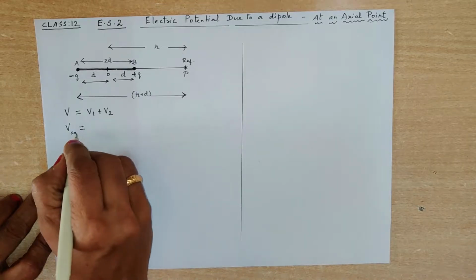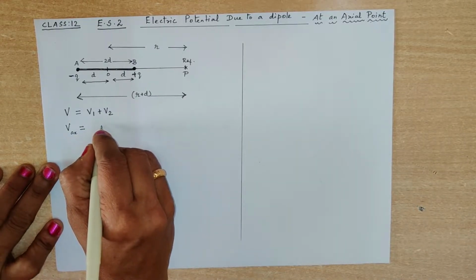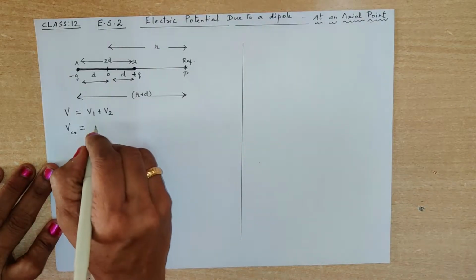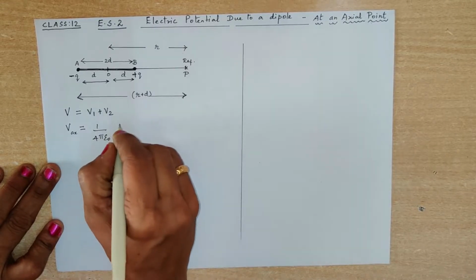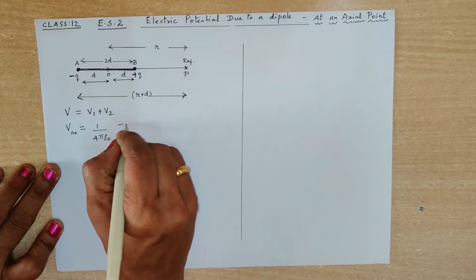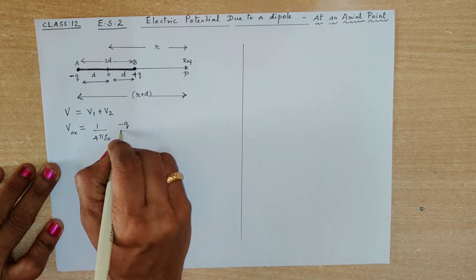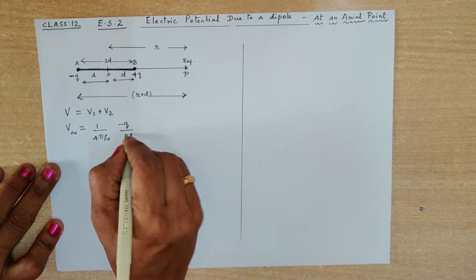The potential formula we have already discussed is 1 by 4 pi epsilon naught, q by r. So we substitute 1 by 4 pi epsilon naught, and the charge is minus q because we are talking about V1, upon the distance AP, to the reference point P.